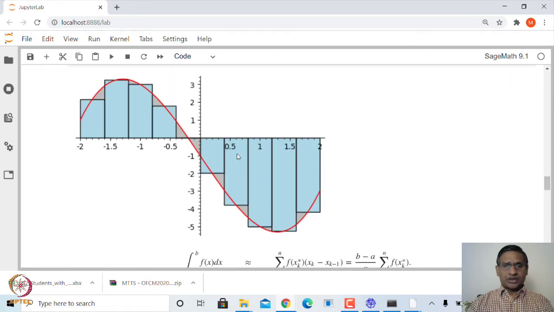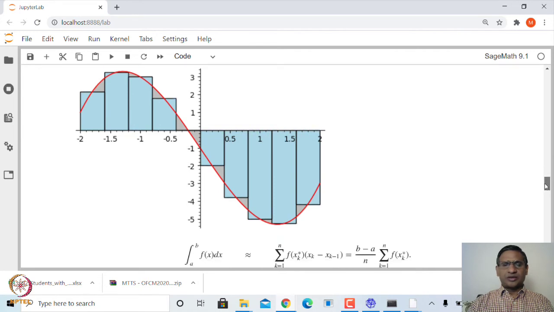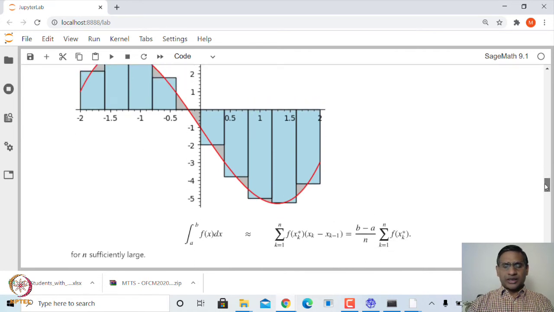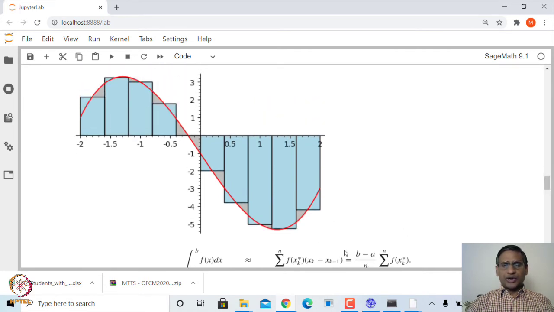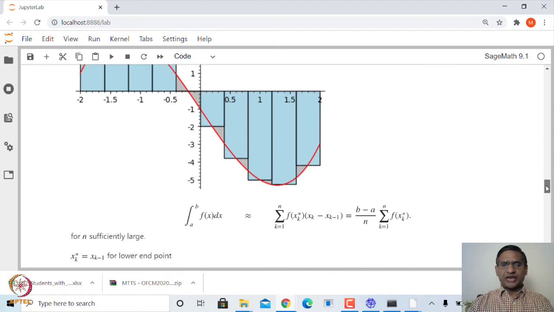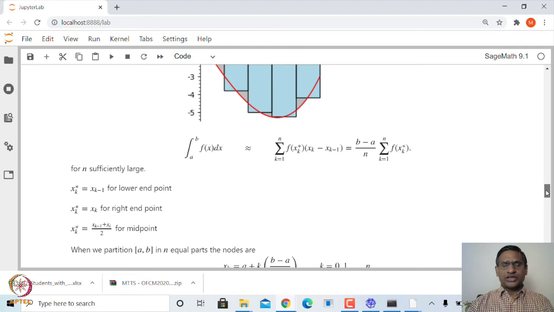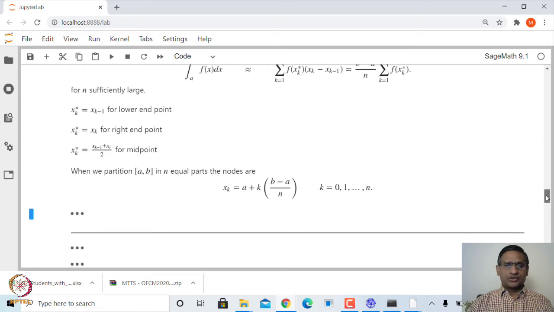Generally, in the Riemann integral, one takes x star as the point at which the minimum occurs, and also the points at which the maximum occurs. These are called the lower Riemann sum and upper Riemann sum, and then one has to take the supremum and infimum of these two sums.